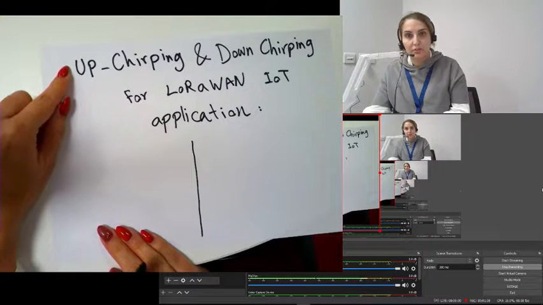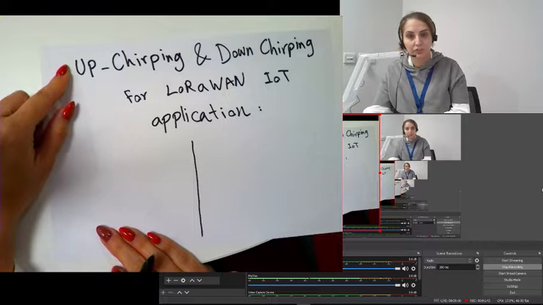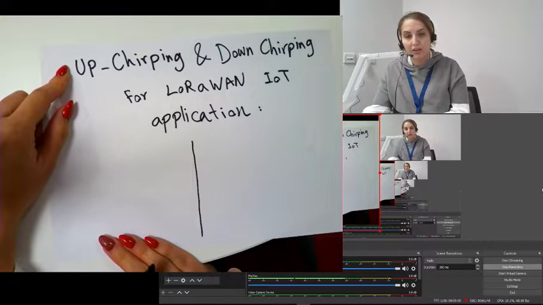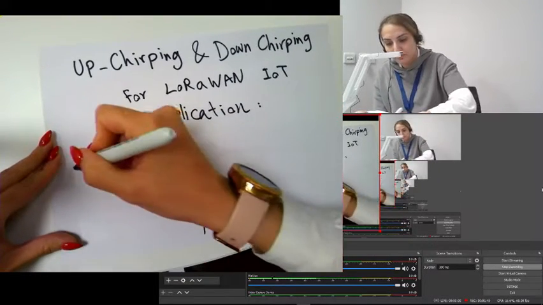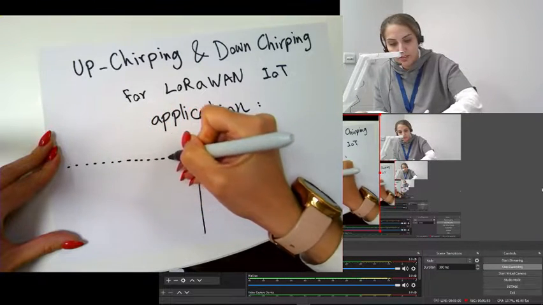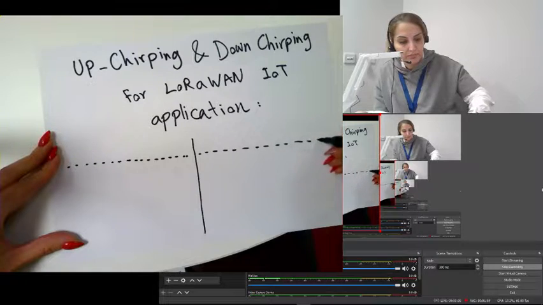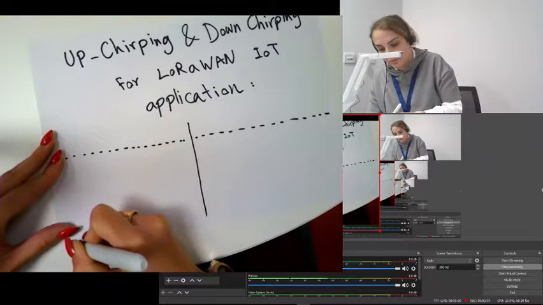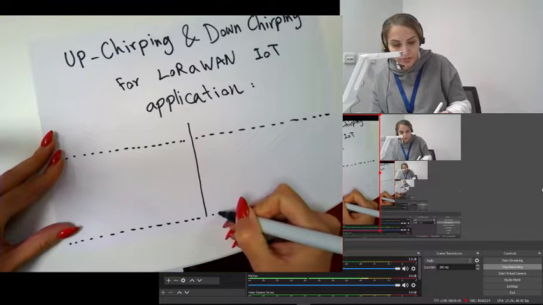When we are looking at up chirping, we are looking at moving from low frequency to high frequency with fixed amplitude. These dashed lines are for fixed amplitude on the positive side and fixed amplitude on the negative side.